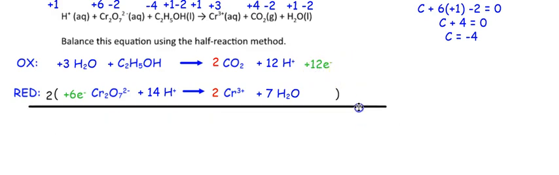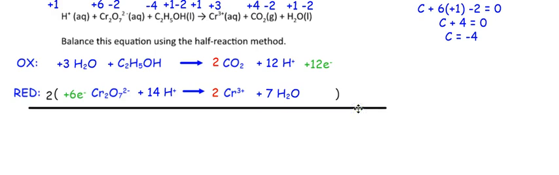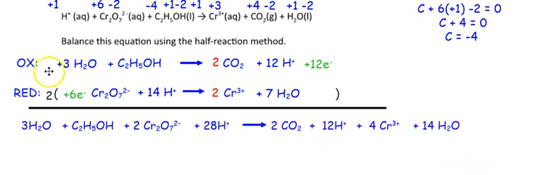So now I'm ready to add my 2 half reactions, okay? So look what I've done. Follow along with me. I have 3 waters, 3 waters, 1 ethanol, 1 ethanol. Don't forget to multiply everything by 2 in the bottom. So my electrons cancel out, so I have 2 dichromates, and 2 times 14 is 28.